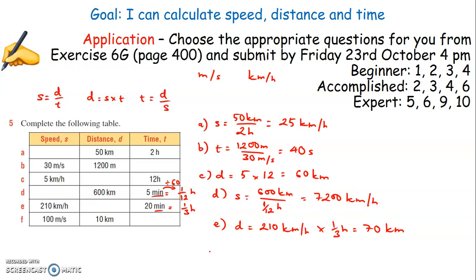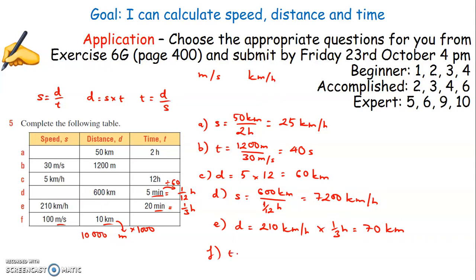Then for F here, we've got speed being meters per second and the distance being kilometers. I'm going to change this into meters. To change from kilometers to meters, we multiply by 1000, so this would be 10,000 meters.